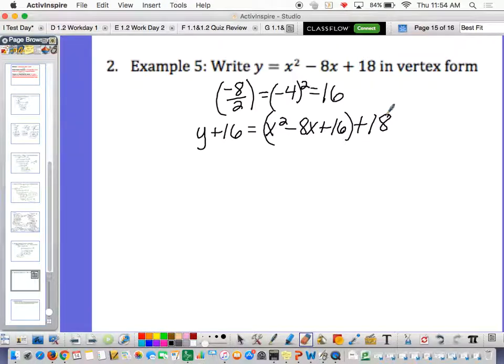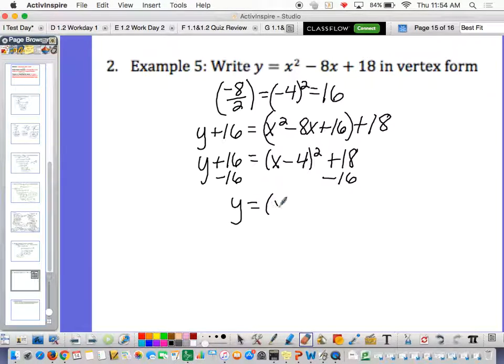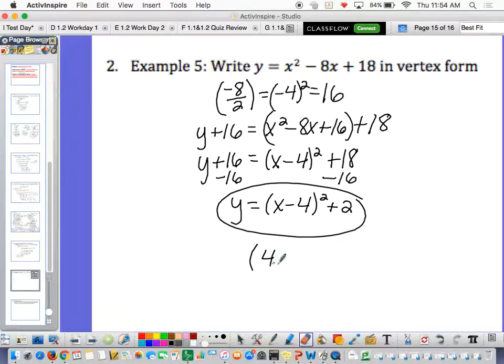Then you're left with y plus 16 equals, this becomes x minus 4 squared plus 18. And then because we need y by itself, we subtract 16. Subtract 16, so y is equal to x minus 4 squared plus 2. If you wanted to identify the vertex, it would be 4, 2. So that's pretty cool in my opinion.